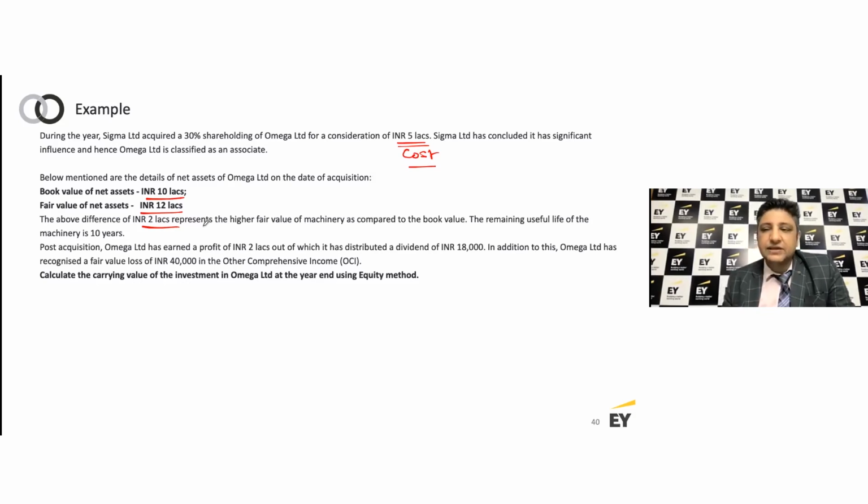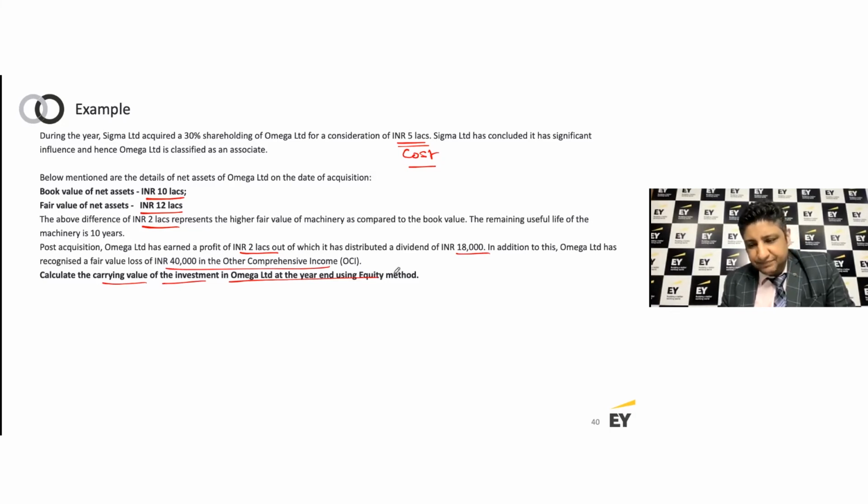In addition to this, Omega Limited has recognized a fair value loss of 40,000 rupees in other comprehensive income, right? The requirement is to calculate the carrying value of the investment in Omega Limited at the year end using the equity method. Okay, now let's go back and think about the concept once again, right?